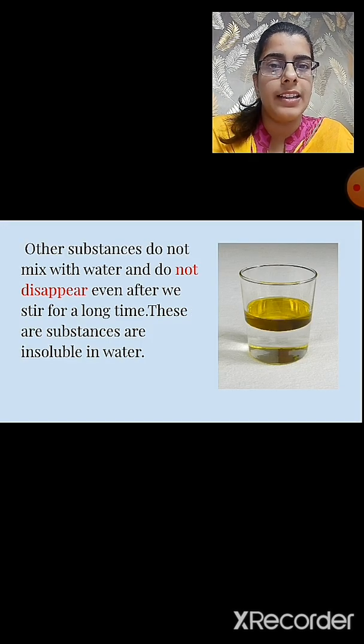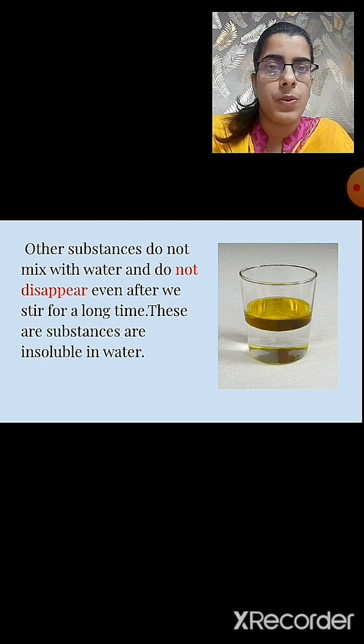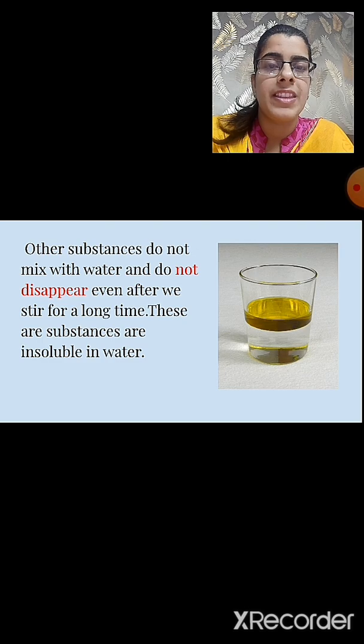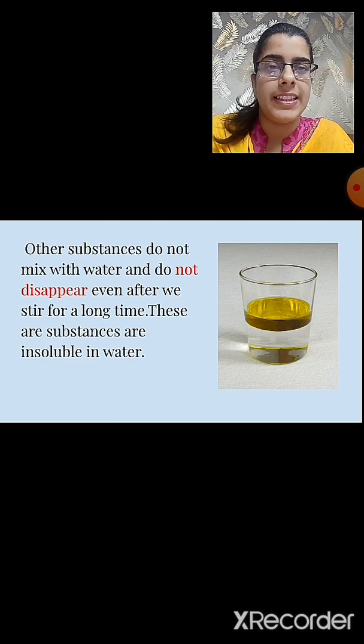On the other hand, other substances do not mix with water and do not disappear even after we stir for a long time. These are substances that are insoluble in water. So, substances that do not mix with water, even if we stir them for a longer period of time, are known as insoluble substances.